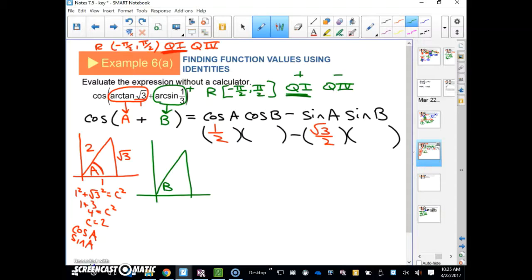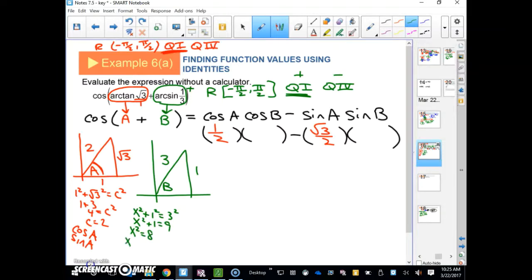Arc sine 1/3. I've got the sine ratio is 1/3. That's y over r. So y over r, I've got those 2 sides, and I can find the missing side using Pythagorean theorem. I'm going to do x squared plus 1 squared equals 3 squared. That's x squared plus 1 equals 9. Subtracting, you get x squared equals 8.